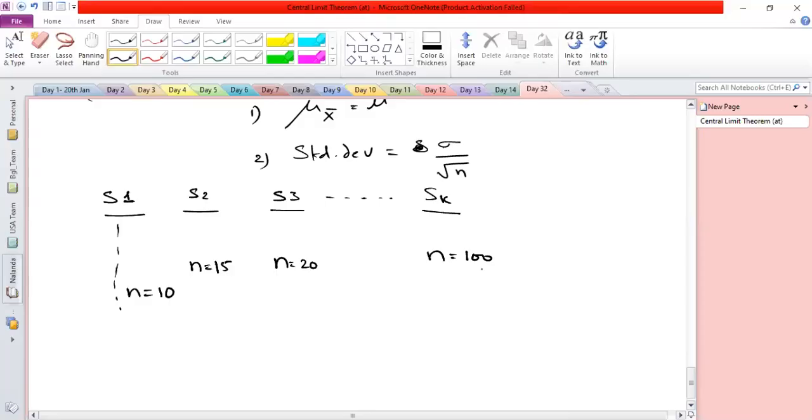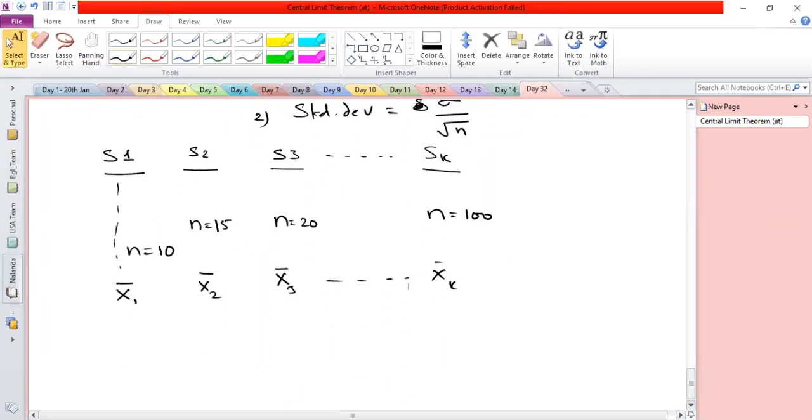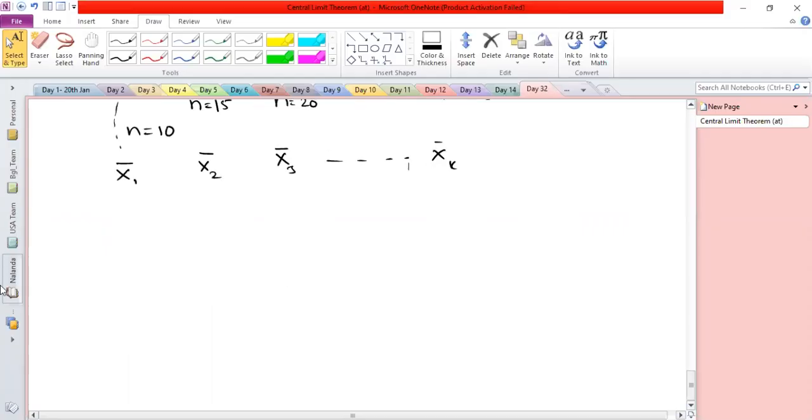When you have such samples, each sample has its X1, its average, right? Are you with me? When you try to draw the histogram for all these, it will be like this.